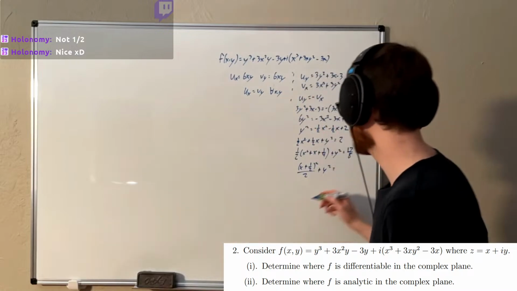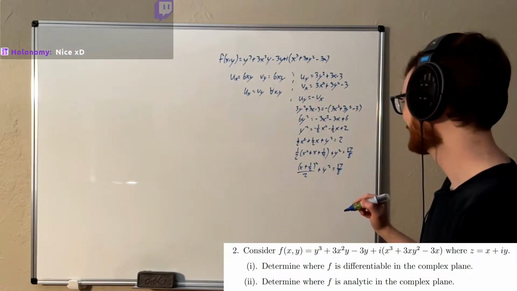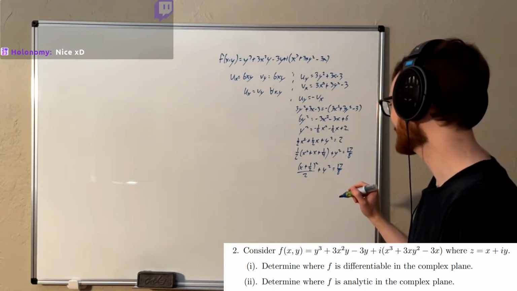I think you want an ellipse to be equal to 1 though? Usually, so we can multiply each side through by 8 over 17.